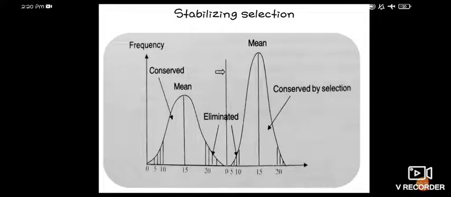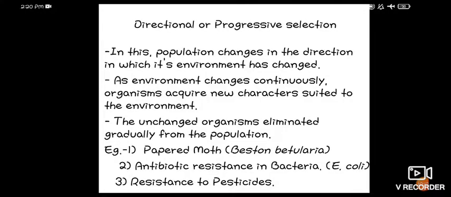These lined, marked areas are the characters which are extreme in that population, which are eliminated in the next generation. As this process continues, the mean or average characters are maintained within the population, and the extreme characters are slowly removed, leading to a particular homogeneous form of the individuals or group of individuals. Now the second one is directional or progressive selection.